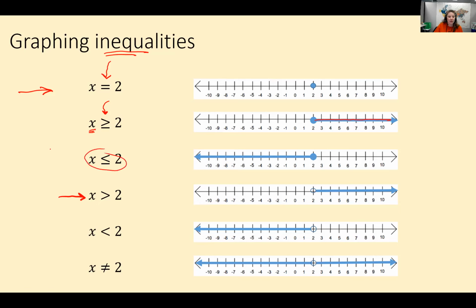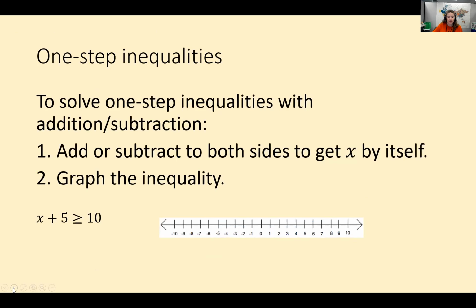If I made this symbol an arrow, it would be pointing to the left. And if you notice, that's exactly how my arrow is pointing to the left. So as long as that variable is written first, your inequality sign and your arrow will be pointing in the same direction. All right, so you guys are going to be solving one-step inequalities.